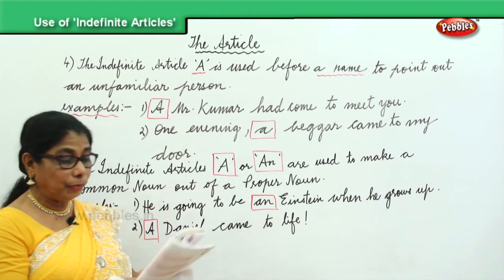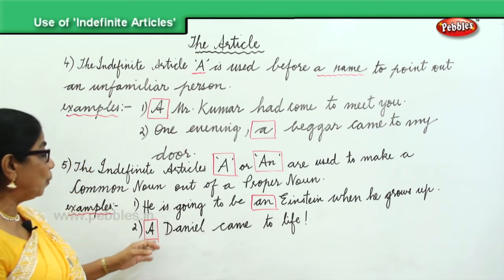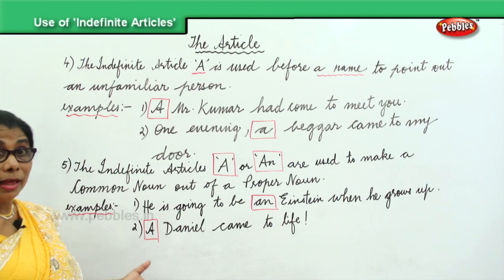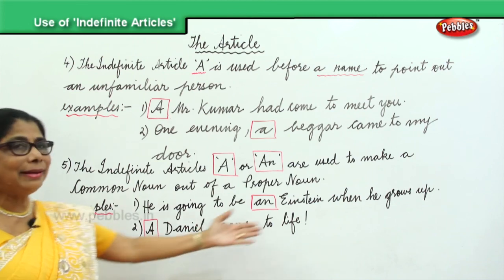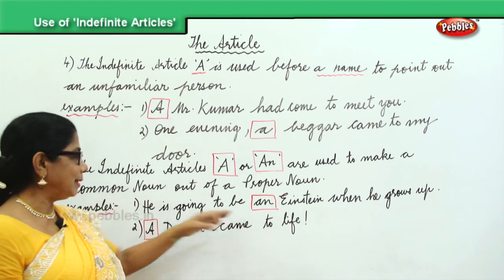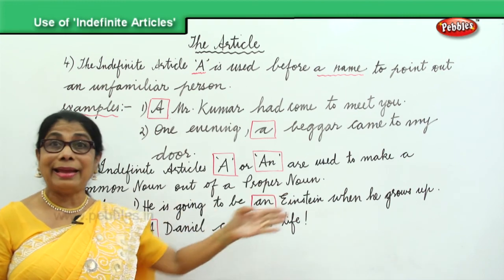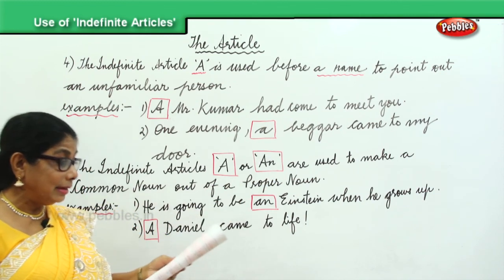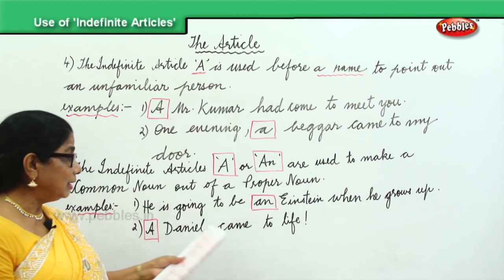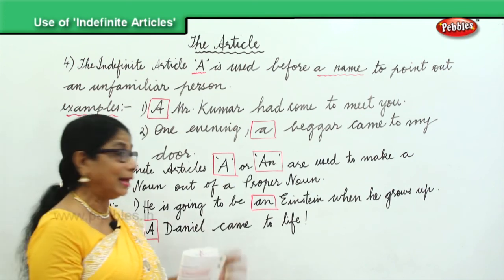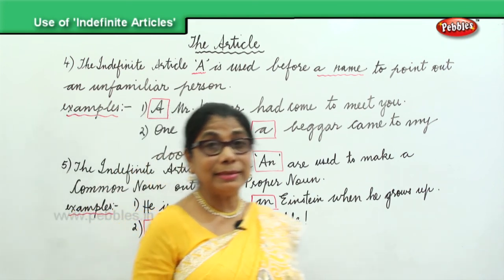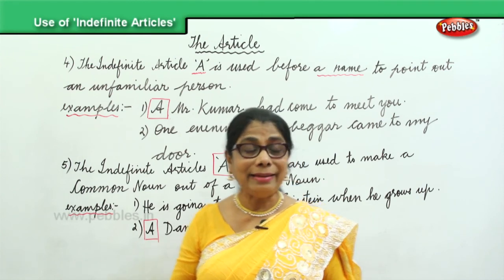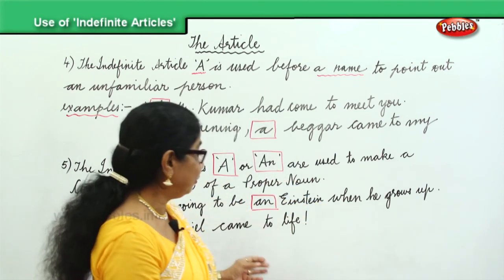A Daniel came to life. Daniel is supposed to be a wise man. So somebody, when he came all active and alive, you say, a Daniel came to life. Now you are saying, he is going to be an Einstein when he grows up. Einstein is supposed to be a scientist, an intelligent person. And you are implying that on a person, saying an Einstein is going to be. A Daniel has come to life. Okay?